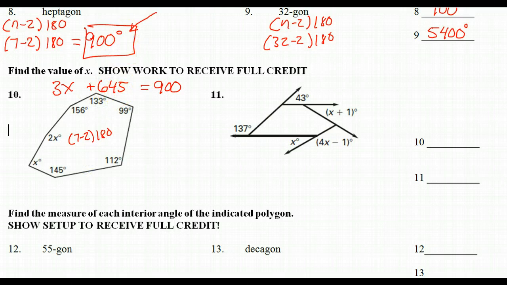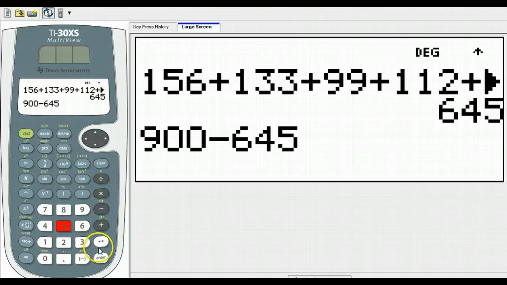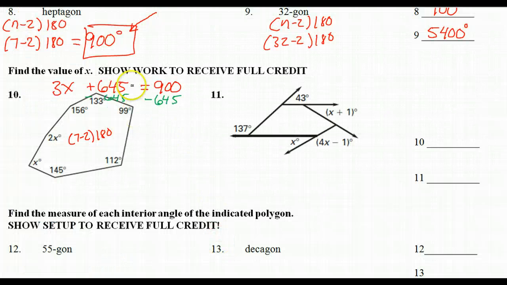Of course, I'm going to subtract 645 from both sides, like this. So minus 645, minus 645. Well, that's 255. So that's going to give me 3x equals 255.